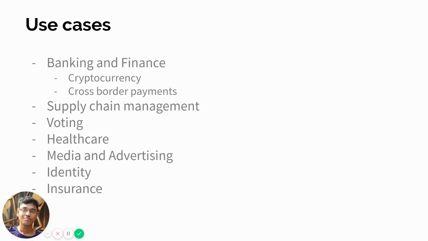So there are several use cases of blockchain. Finance and banking is one of the important use cases because in banking they do not trust each other. So for example, we are keeping our money in the banks, but what is the guarantee that they will not run away with that money?